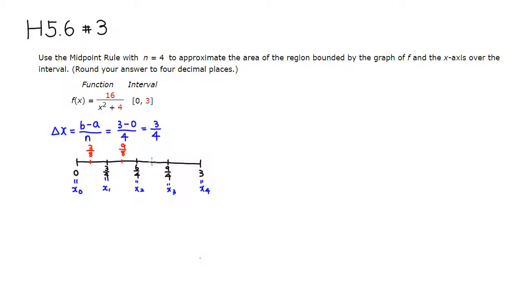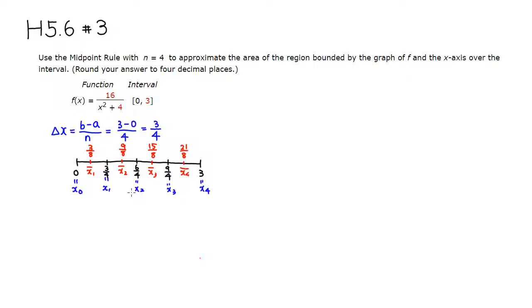Then it's 15 over 8, and then 21 over 8. So those are x1 bar, x2 bar, x3 bar, and x4 bar.